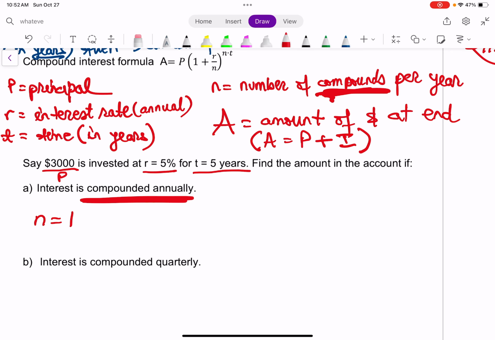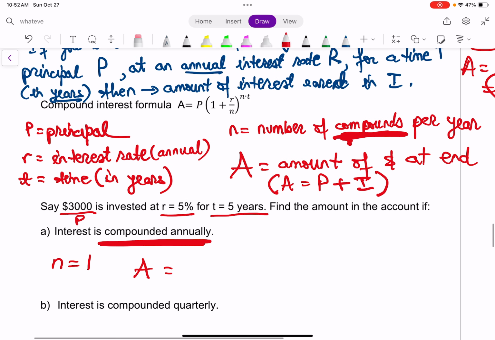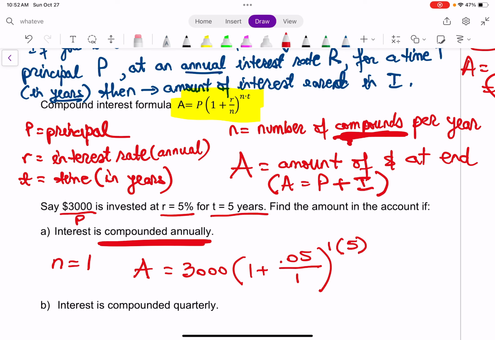So here, the amount of money you'll have at the end is going to be, according to this formula, we can put all that in our calculator, 3,000 times 1 plus R, which is 0.05, divided by N, which is 1, to the power of 1 times 5. Okay. You can change this a bit if you want to help yourself.